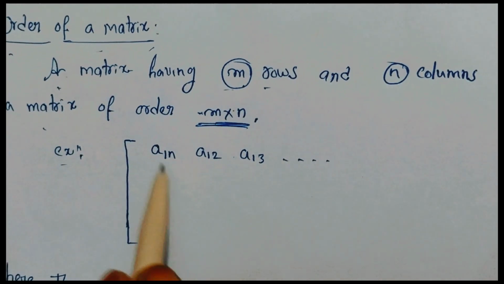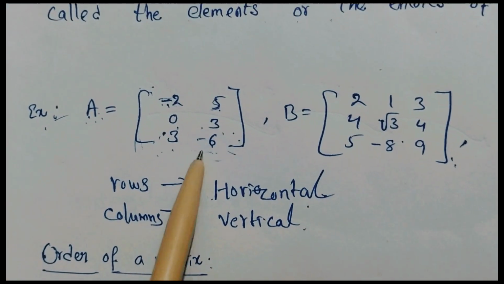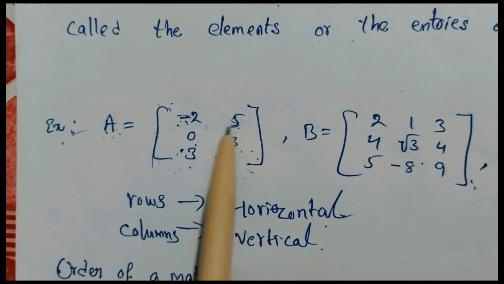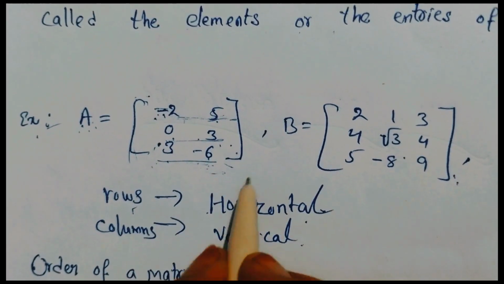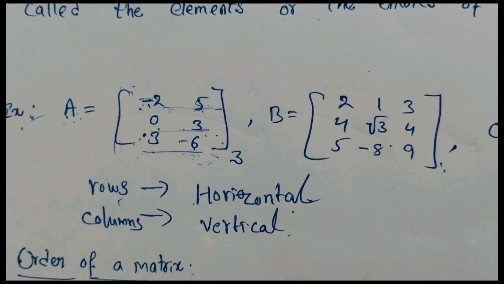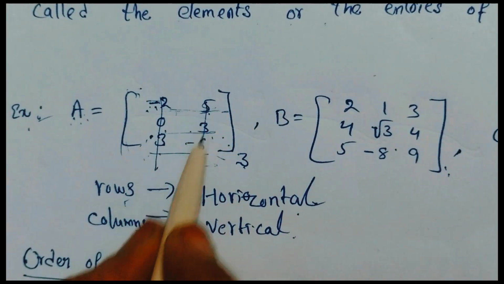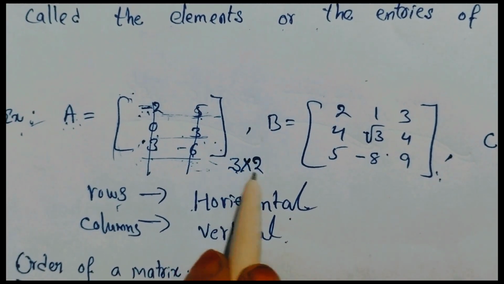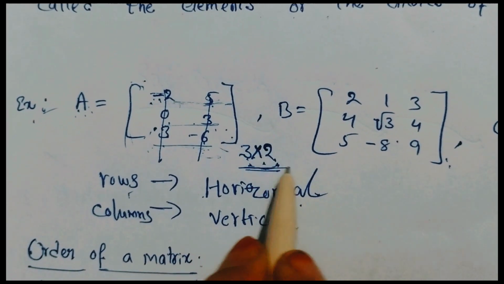First, what are these called? Elements of the matrix. How many rows are here? Rows 1, 2, 3, so there are 3 rows. And how many columns do we have? 2 columns. So 3 cross 2 means 3 by 2. It is the order.